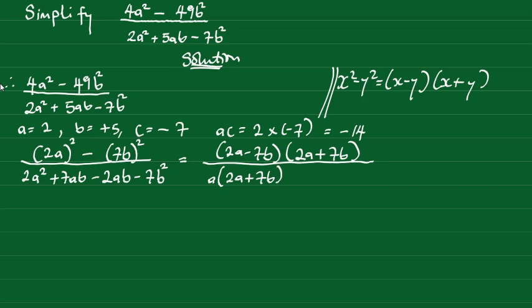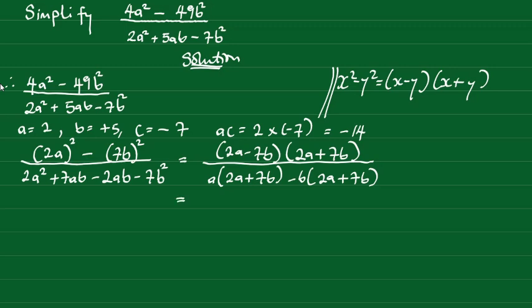We factor out minus b from minus 2ab minus 7b squared, so we have minus b(2a plus 7b).